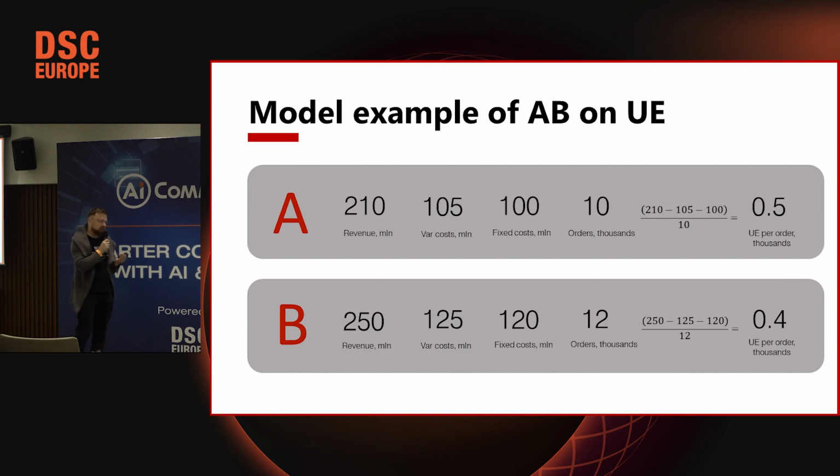And we can easily calculate the unit economics per order. It will be 0.5, and the same result for version B. So it's an easy A/B test. If we run it for revenue, of course, we choose version B. If we do a simple calculation of unit economics, of course, we should pick version A because it's better than version B. Do you understand why it's an incorrect A/B test?